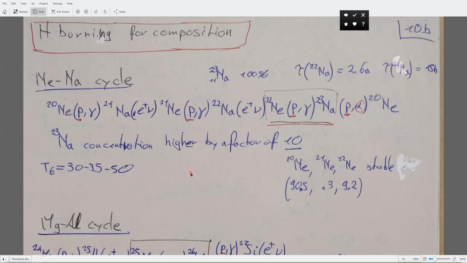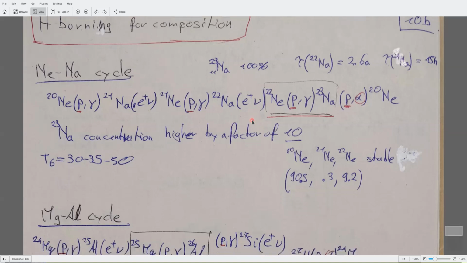And this is why we are looking at this. This is an interesting cycle, actually for the composition, the abundance, not for the production.